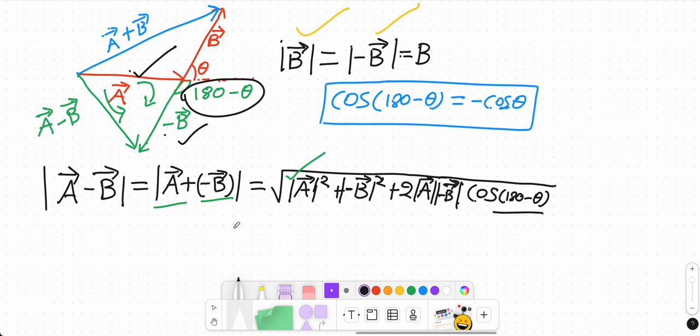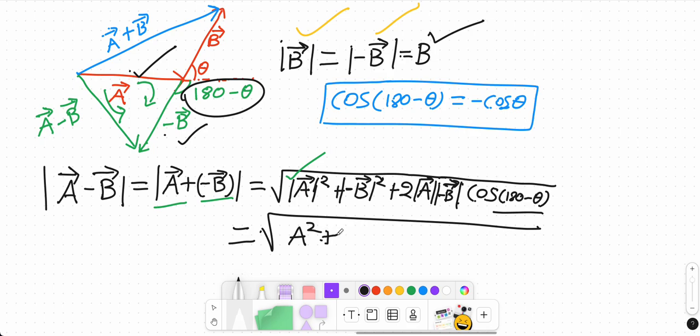But I know that magnitude of a squared is simply a square, magnitude of minus b is the same as magnitude of b, so b square, plus 2 into magnitude of a, which is a, magnitude of minus b, which is b, but cos of 180 minus theta is minus cos theta.